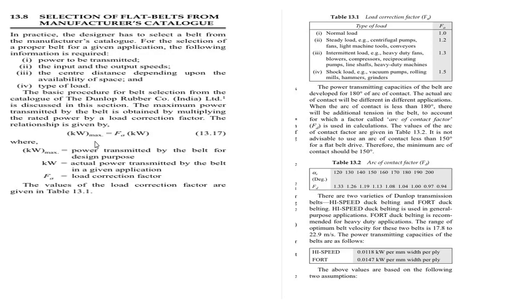Here kW max is nothing but the power transmitted by the belt for the design purpose. kW is the actual power transmitted by the belt in the given application. This will be decided by the prime mover or engine or any other element which gives power to the driving pulley. Then FA is the load correction factor.